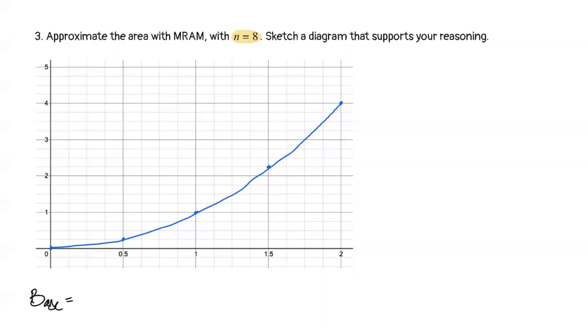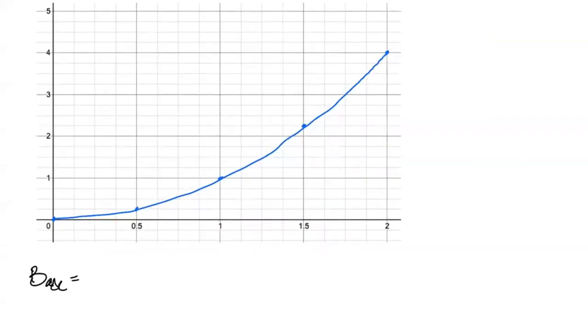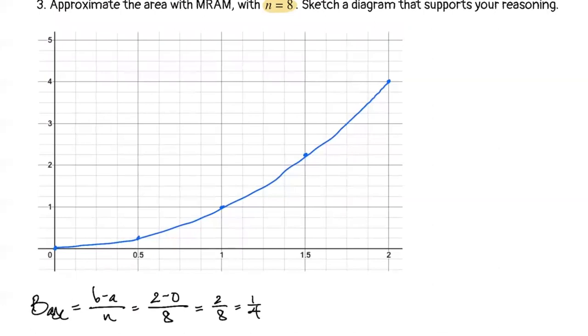Good. We can use b minus a over n, which is 2 minus 0 over 8, which is 2/8, or better seen as 1/4. I'm going to draw the dividers along the x-axis that will divide this into our 8 rectangles.